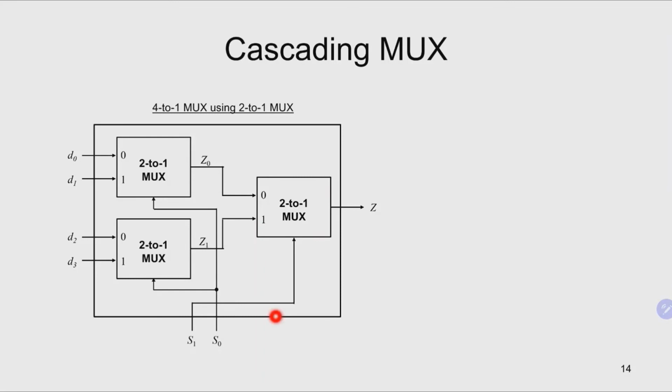Then we use our next control pin as the S input for the next stage. This also achieves 4-to-1 multiplexing.